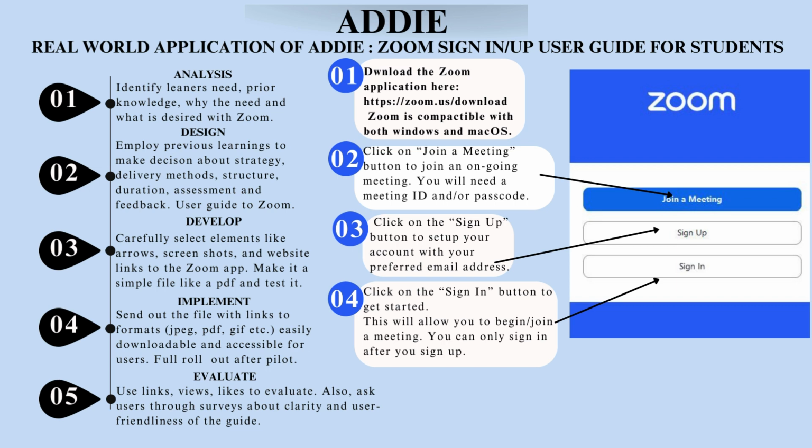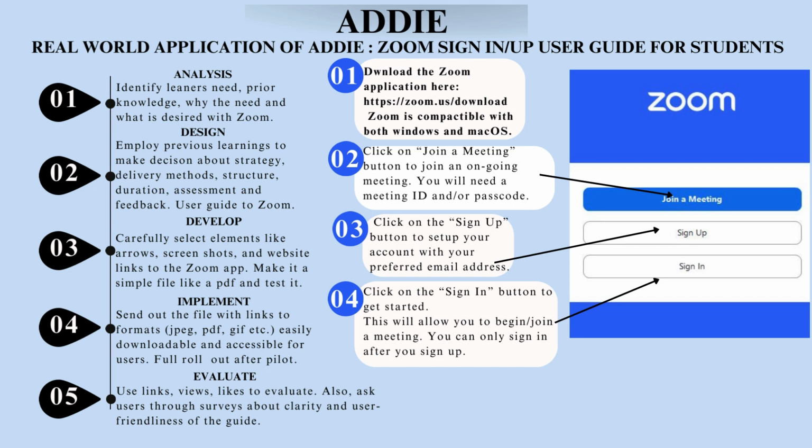But before that, I had to roll out a pilot user guide to get feedback before I engaged in the full implementation. And then finally, I used the number of views and the number of downloads as well as surveys to get feedback from the users in order to evaluate the user guide I developed.